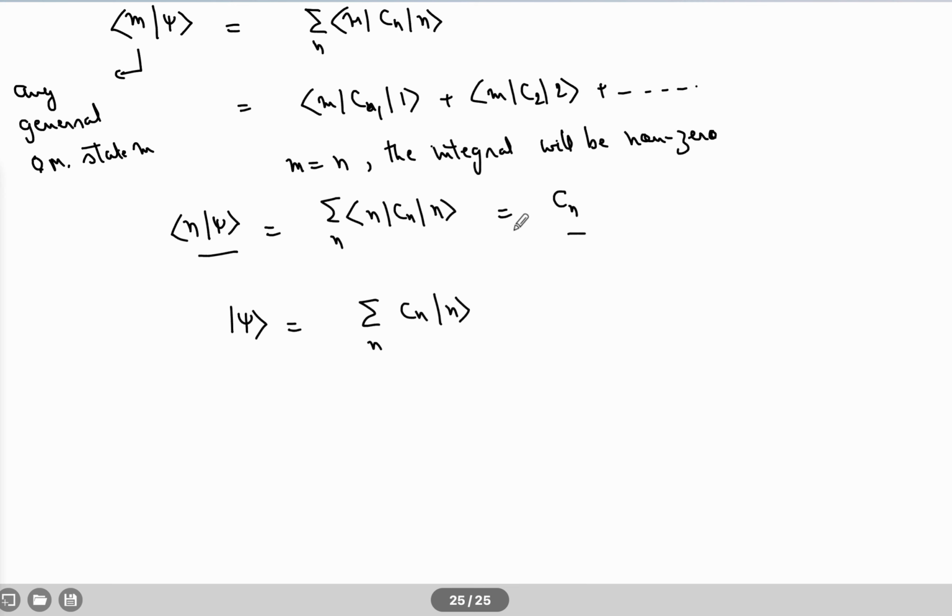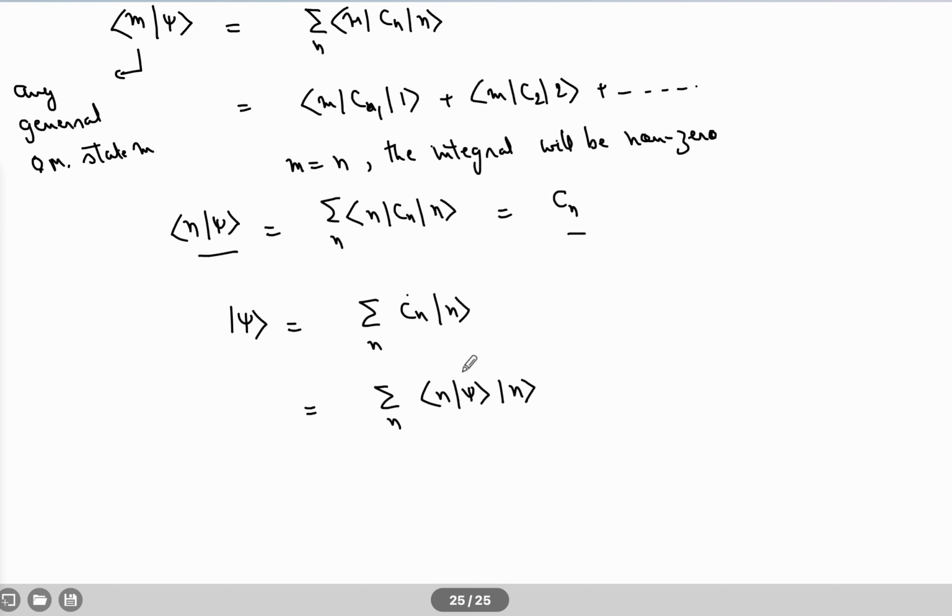You substitute the value of Cn from here into this equation which we started with. So what you will get is summation over all n of bra n psi, and then ket n, right? So I've substituted the value of Cn from here.